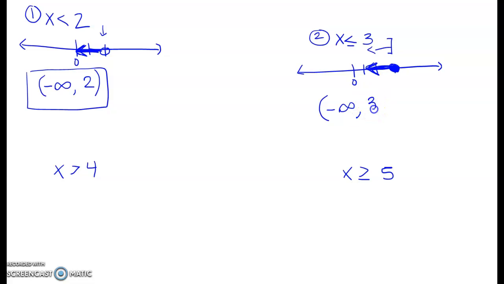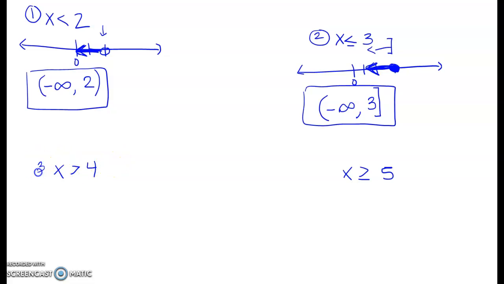It's going to go up to 3, and on this one, will we have the bracket or the parenthesis? Well, because it's a closed circle, it includes 3. That means 3 is a solution, so it has a bracket. I like to think of a bracket as exact, and so it comes exactly to 3. It actually includes that 3. So this would be the interval notation for that one.